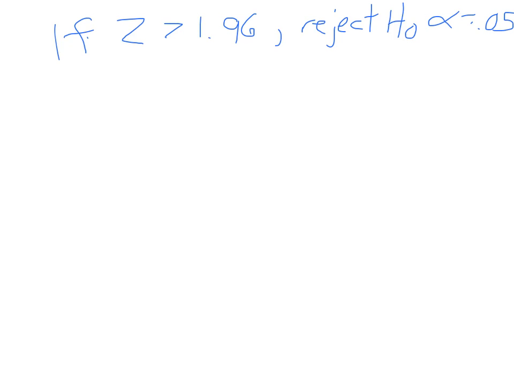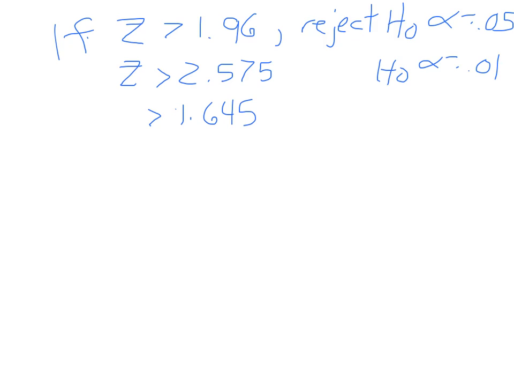If it's greater than 2.575, you reject H naught at 0.01 or 99%, and if it's greater than 1.645, you reject H naught at alpha equal to 0.10.